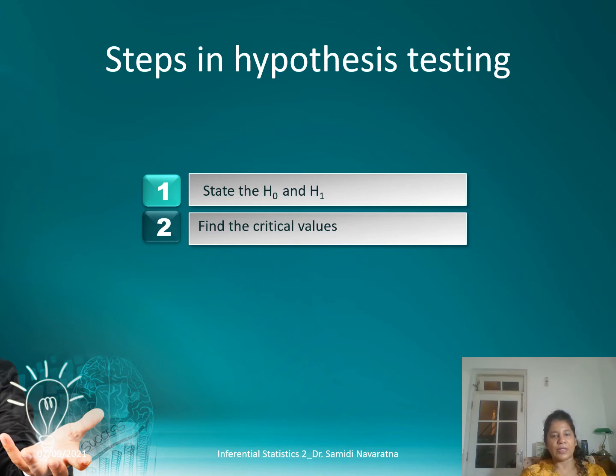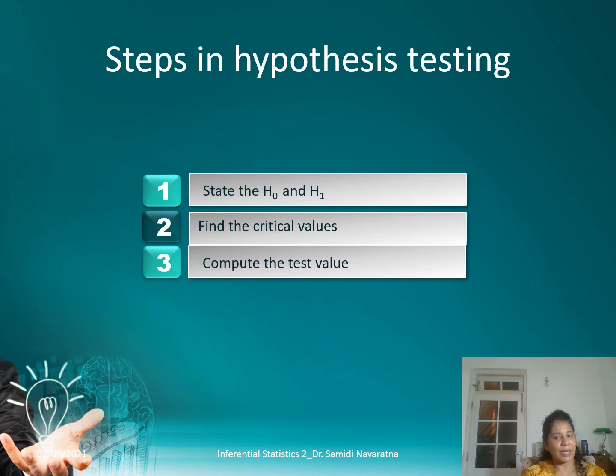With regard to the Z test, you need to know by heart certain common table values for the common alpha levels, particularly the 0.05 alpha level, the one tail value and the two tail values. The third step is to compute the test value by applying the given data to the formula.